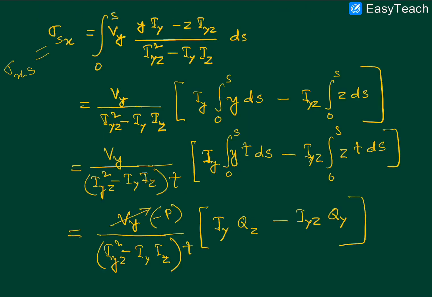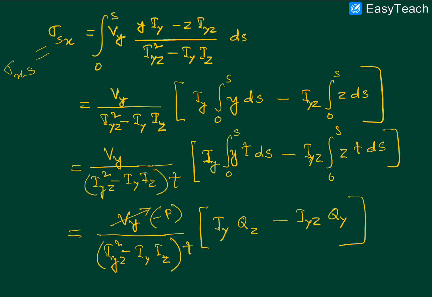It should be somewhere here. Okay, so you focus your attention here. This QZ was basically this thing, integration 0 to s y tds. You note that the tds represents the elemental area, but we are doing the integration from 0 to the particular location s. So the 0 represents one end of the open cross section, and this s represented a generic location anywhere within the cross section.